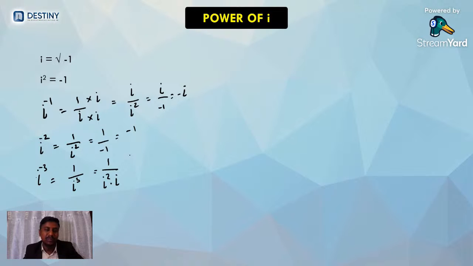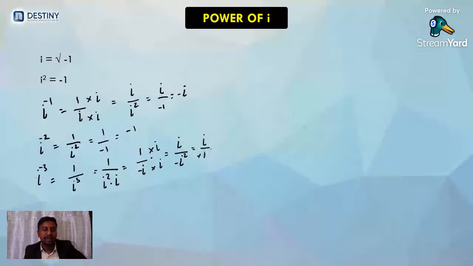Already 1 by i means minus i. So I'll multiply i top and bottom, so that i divided by minus i square. So it will become minus of i square is plus 1, so it will become i by 1.